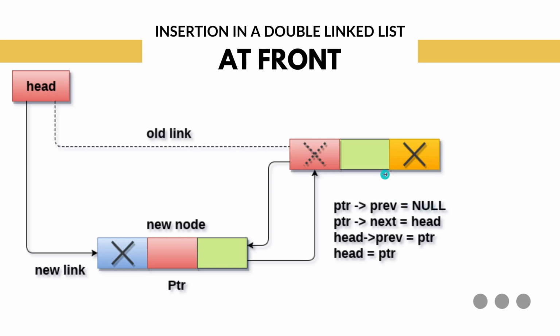So, here we use the term head to denote the first node in the list. We use the term previous to denote the pointer pointing to the previous node in the list, and we use the term next to denote the pointer portion or address portion in the node which points to the node immediately following it. So, now we are focusing on insertion at front.